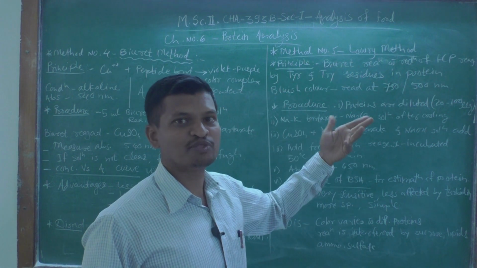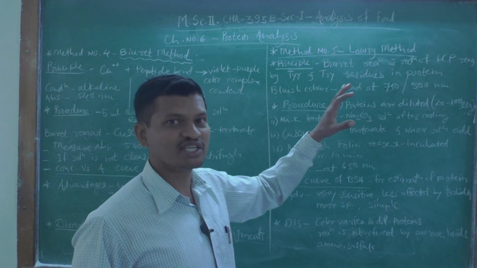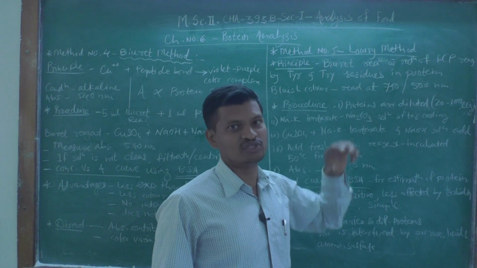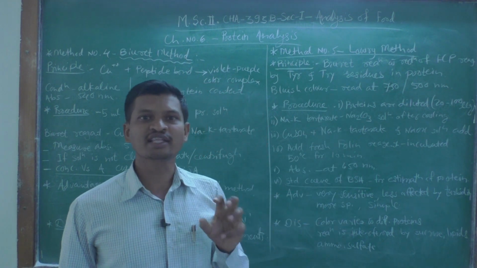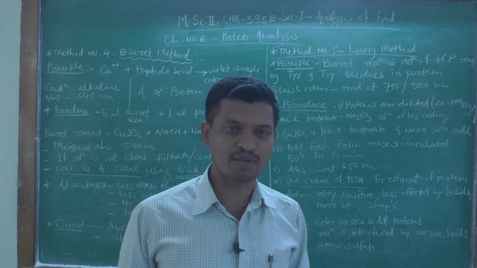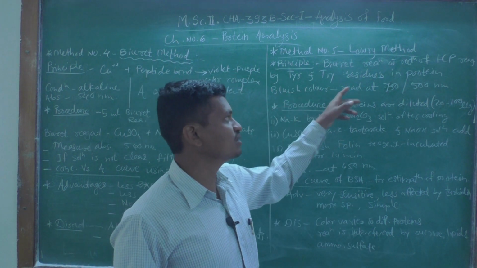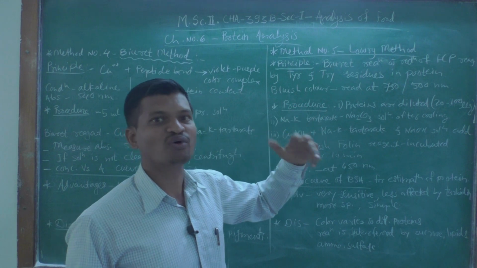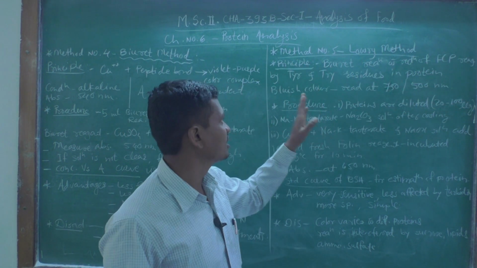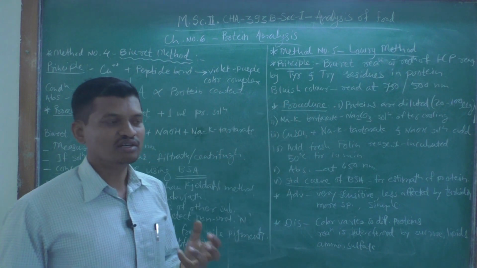Who reduces this FCP reagent? This FCP reagent gets reduced by the tyrosine and tryptophan residues. Tyrosine and tryptophan are the alpha amino acids found in the proteins in the food sample, and their residues are responsible for the reduction of this FCP reagent. What is the inference here?